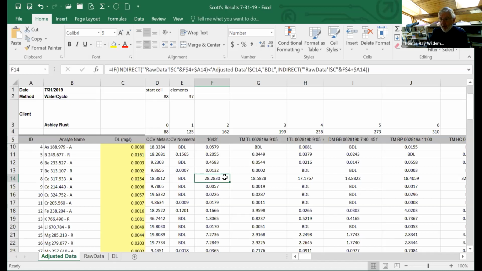When people ask me about how good our results are as far as inductively coupled plasma atomic emission is concerned, I tell them if the concentration of the element is 10 times above the detection limit, there's the detection limit. So if it was up around 10 times, it would be about 0.2. This is 28, so that's far above 10 times the detection limit.